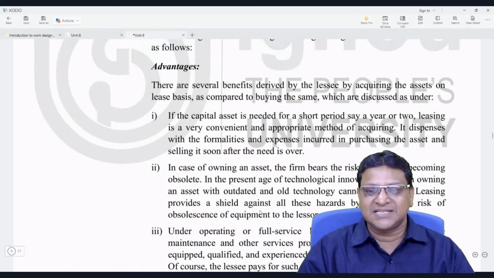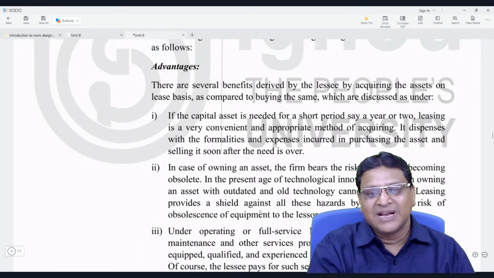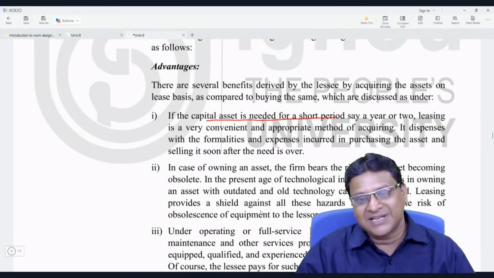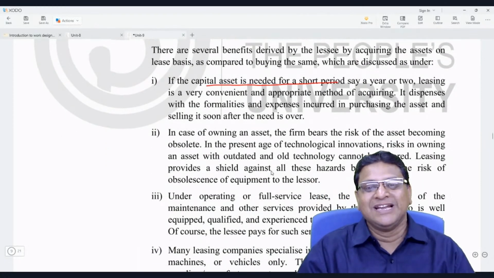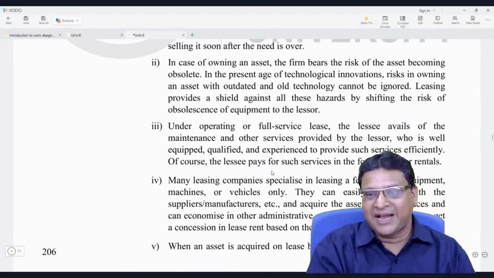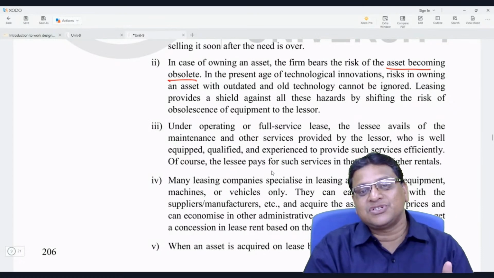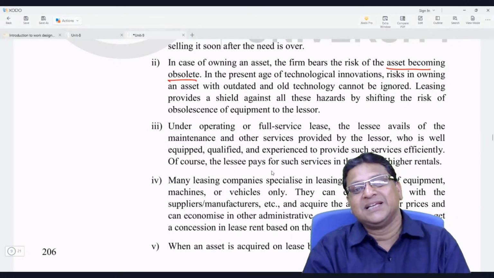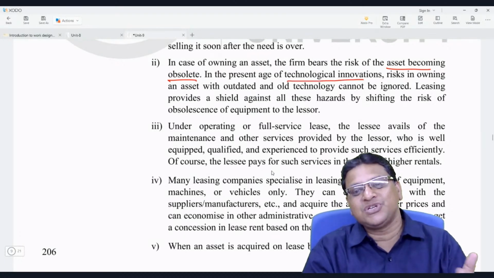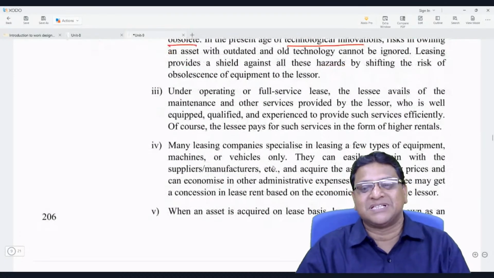So what are the advantages? If the assets are required for a short period of time, it is better not to acquire the asset but to take the asset on lease basis. If the assets you acquire are obsolete in nature, the chance of obsolescence in those assets is very high, and technological innovation in those assets is high, in that case, you should take the asset on lease basis.